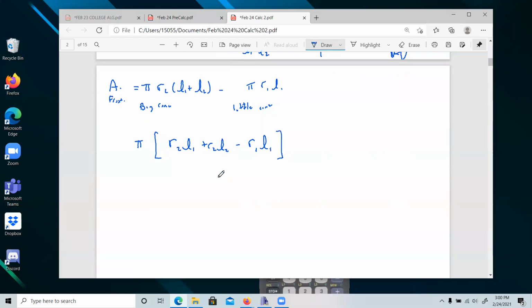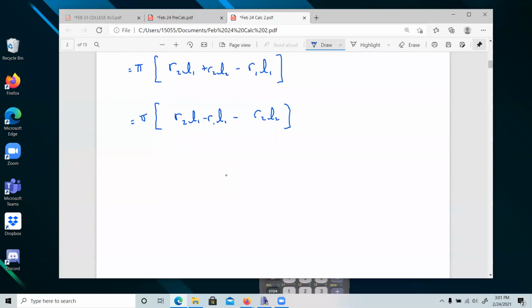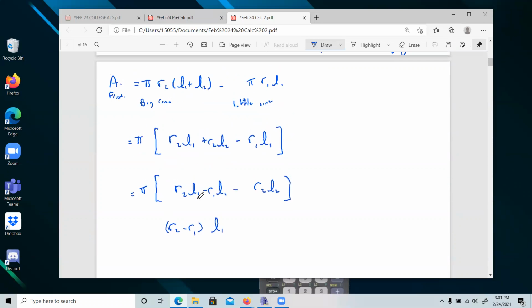And then I'm just going to recombine these: R2L1 minus R1L1 plus R2L2. Now we're just going to factor this out. So this is (R2 minus R1) L1. Oops, that's not a minus anymore. This is a plus R2 L2. Plus.